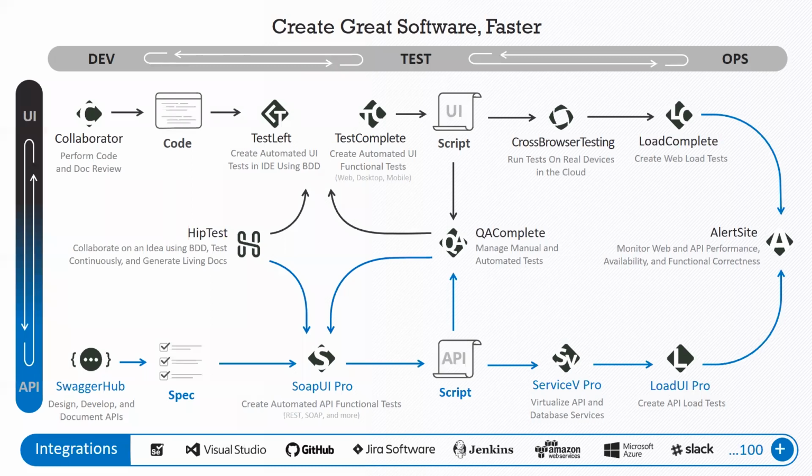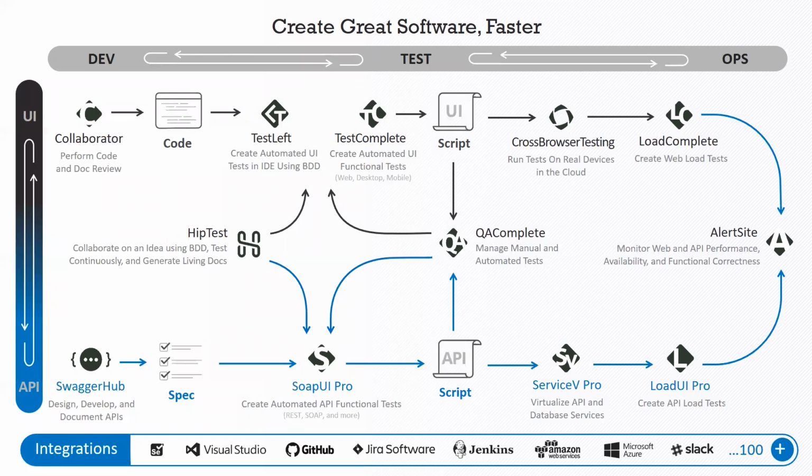Of course, we integrate with various API gateways and your source control tools so that SwaggerHub can fit into your workflows. Once your API is defined, you can start building your tests in SoapUI by importing your Swagger definition.